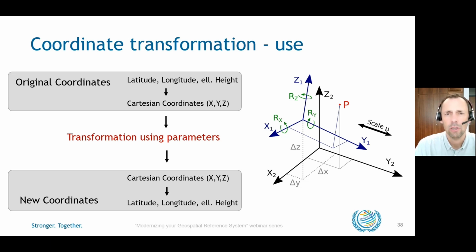First, we convert these coordinates into Cartesian system representation, meaning in x, y, z vector. Then we transform the coordinates into the other datum, and at the end we convert the coordinates again into the latitude, longitude, and height representation of the new datum.